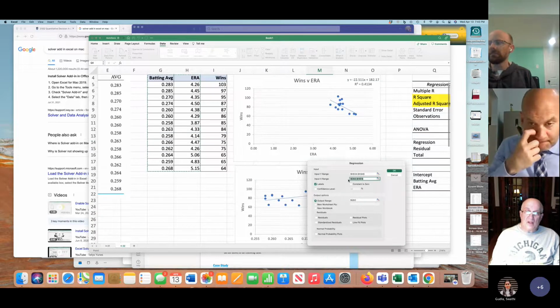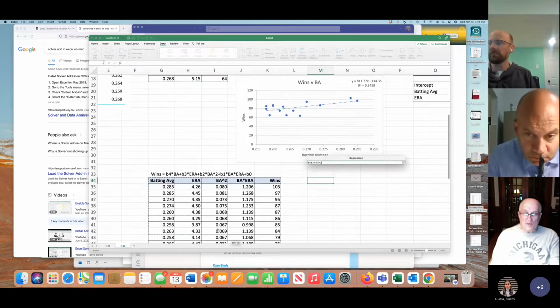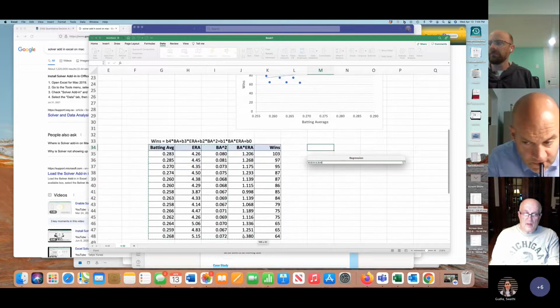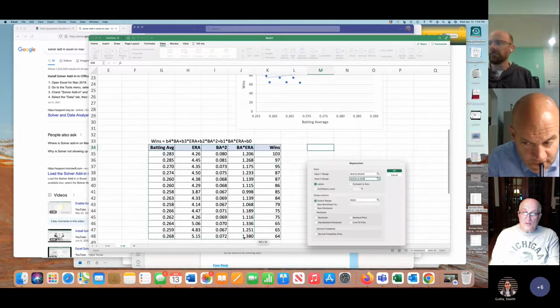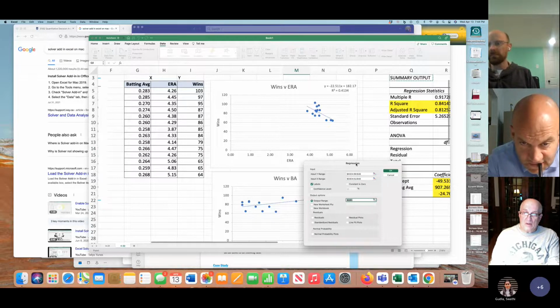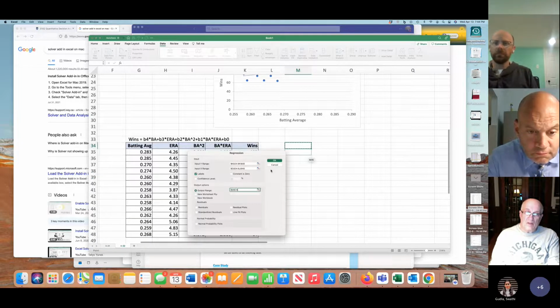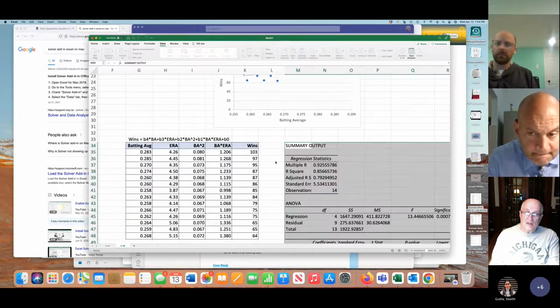My X data, I'm just going to leave it there and go back and forth all the time. I want to take all 4 of those columns. Labels are still there. My output range, I want to put right there. And I say, okay.